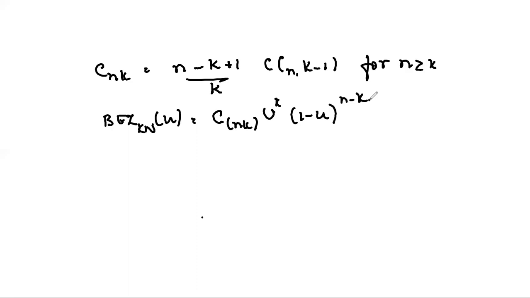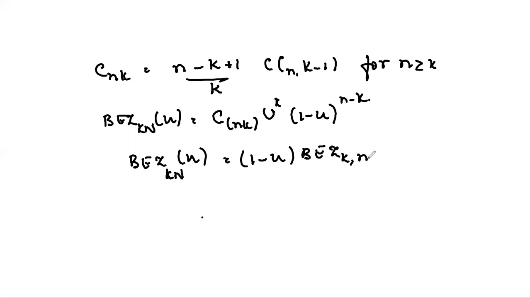Now, if you want to write it using the recursive relationship, it would be written as Bez k,n of u equals (1 minus u) times Bez k,n minus 1 of u plus u times Bez k minus 1,n minus 1 of u, where k lies between 1 and n.